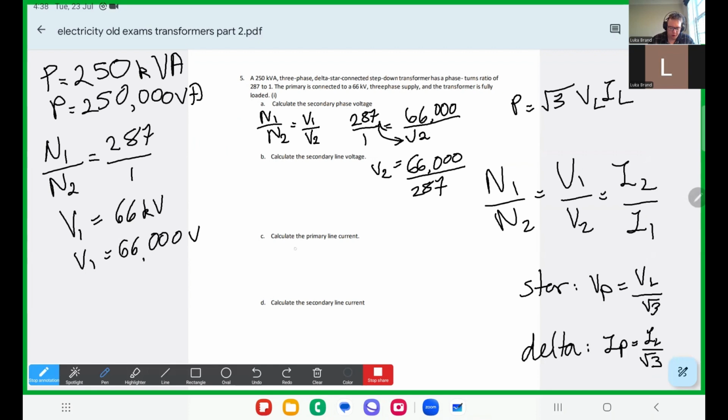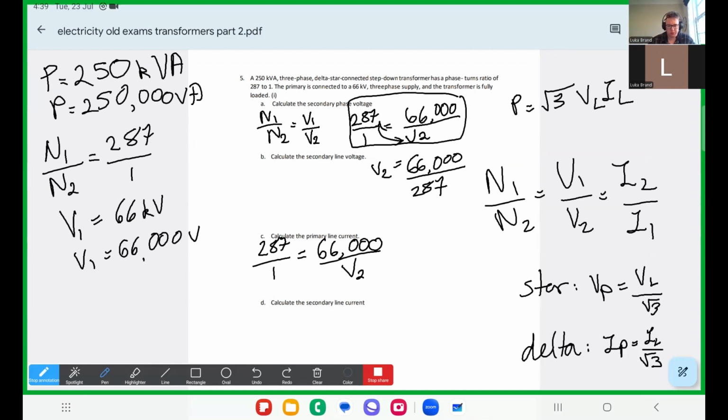So I've got this equation here. I'm going to look at this one here. And so I've got 287 over 1 equals 66,000 over V2. Now, what I want is to end up with an equation that has V2 equals something.